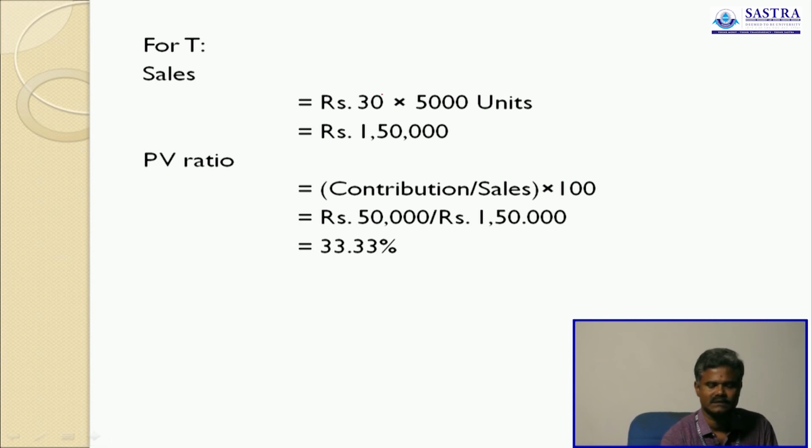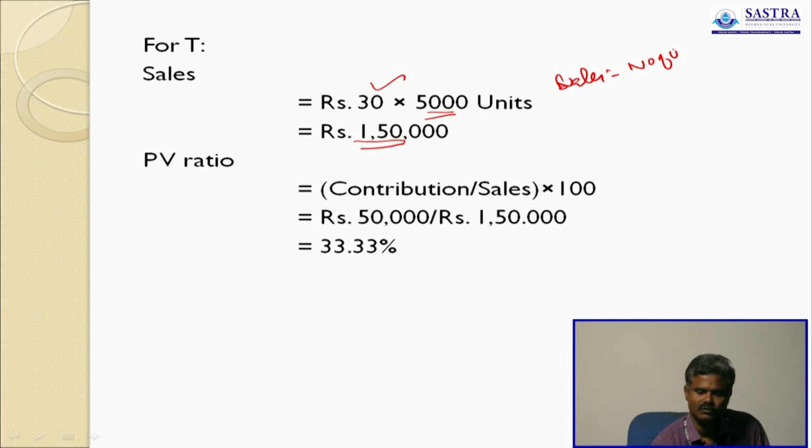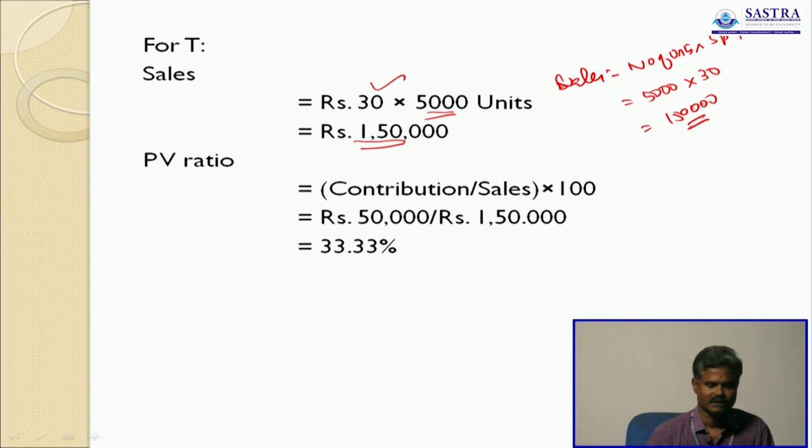For T, selling price per unit 30, number of units sold 5,000. So total sales is 1,50,000, because sales equals number of units into selling price per unit: 5,000 into 30, so 1,50,000. PV ratio is contribution by sales, 33.33% or 1/3.